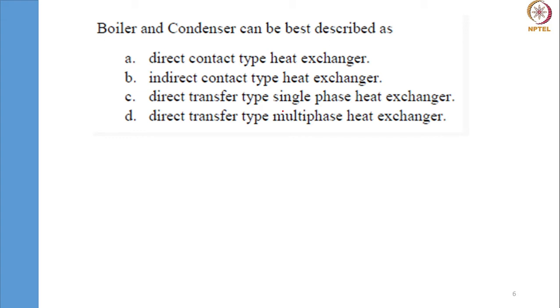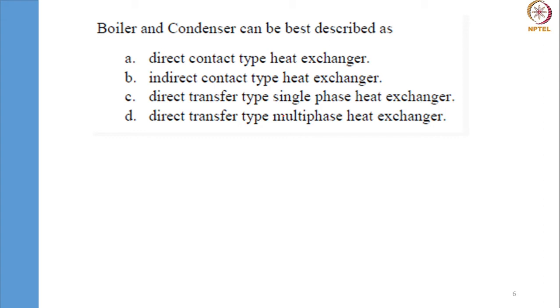I just want to again stress upon the classification of heat exchangers. That's why I have taken up this example again, so that we are sure with the classification that is discussed.